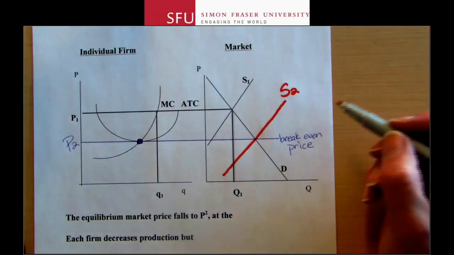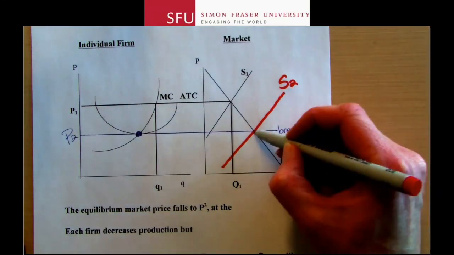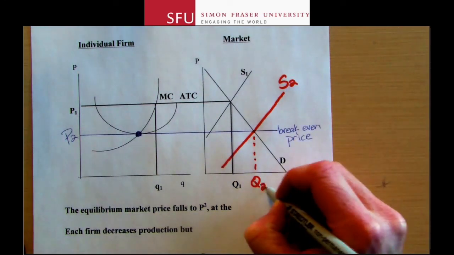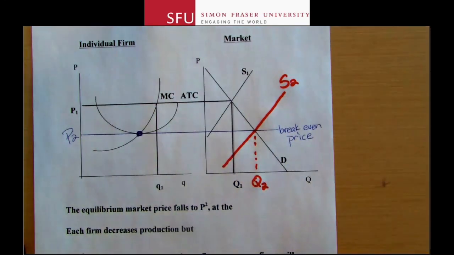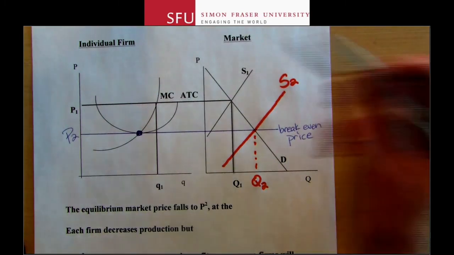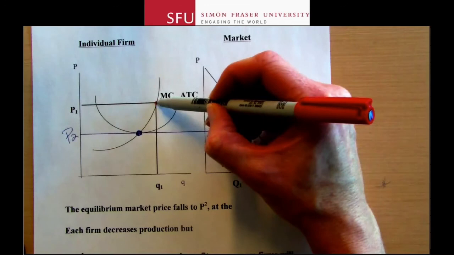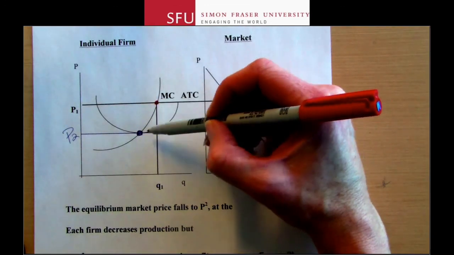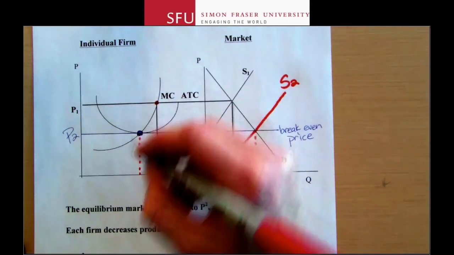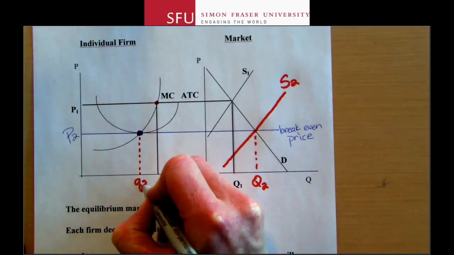There. All right, so in the market, we now have a larger quantity because there are more firms, but each individual firm is actually producing less, because we've gone from this price here, where the producers were producing the higher quantity, down to this point here, and now each individual producer is producing a smaller quantity.